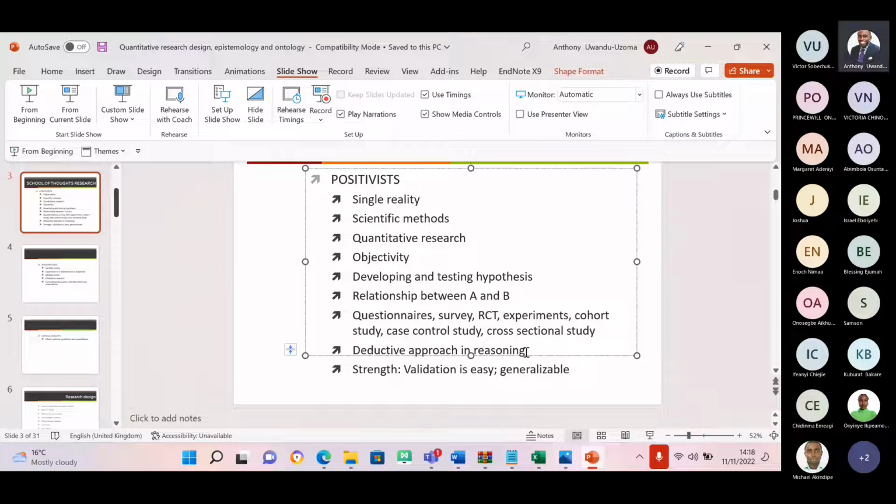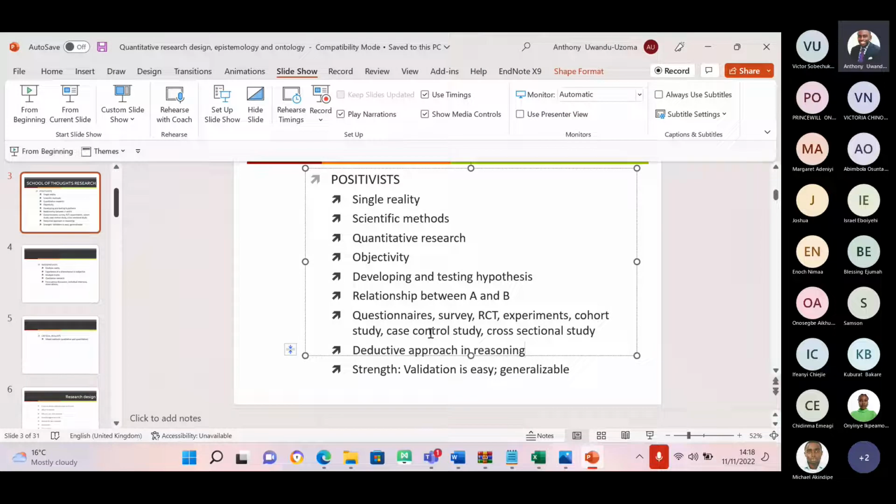That means if they test a hypothesis, initially they will make a guess that there's a relationship between A and B. Now they will collect data and then use SPSS or other statistical software to analyze the data, and then maybe get the p-value, and the p-value is significant. So they will now generalize it. So that is deductive reasoning.